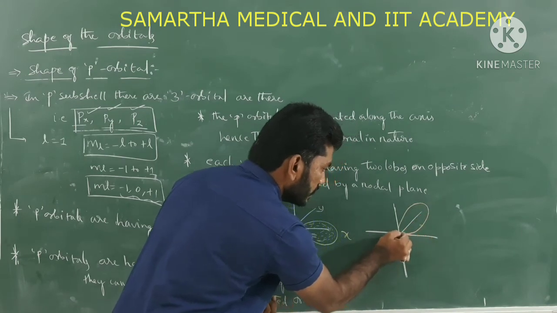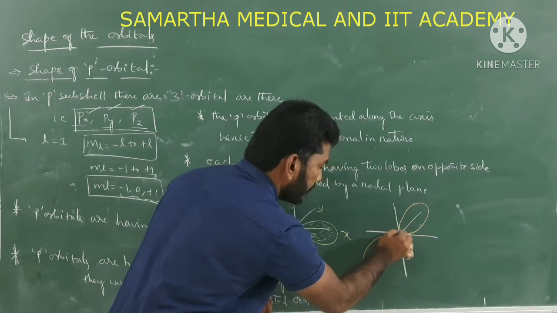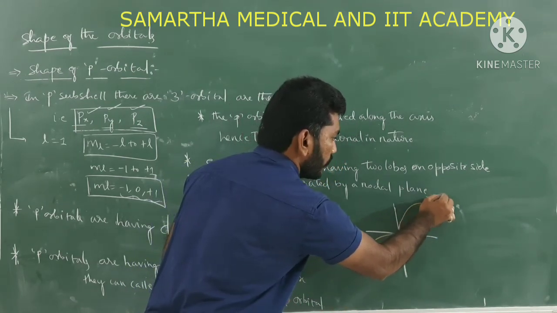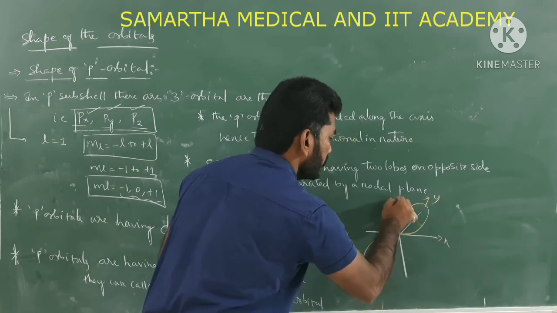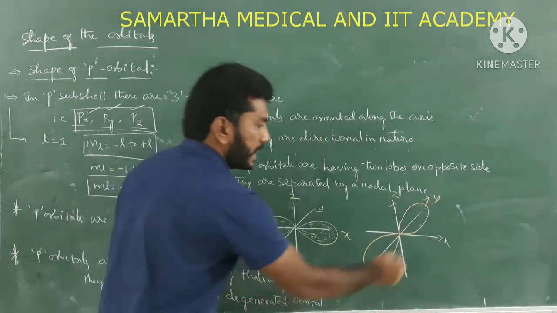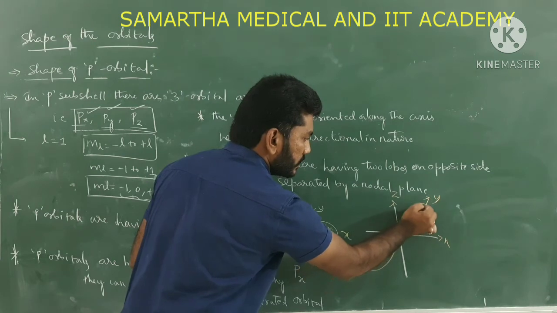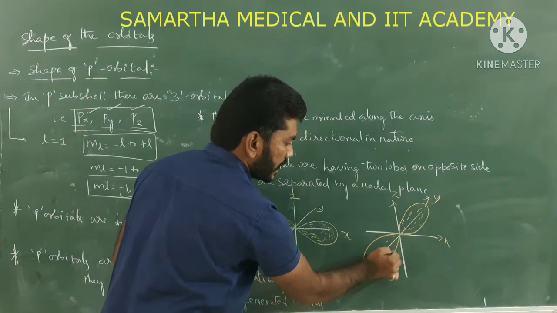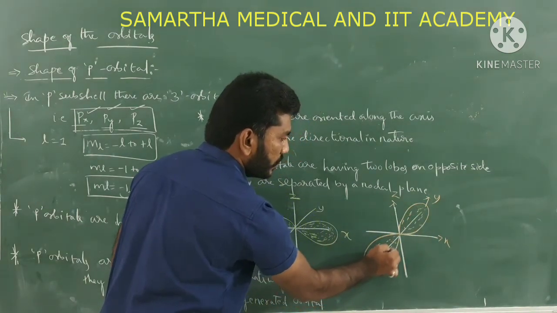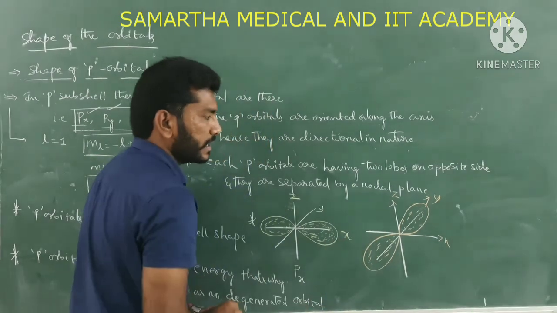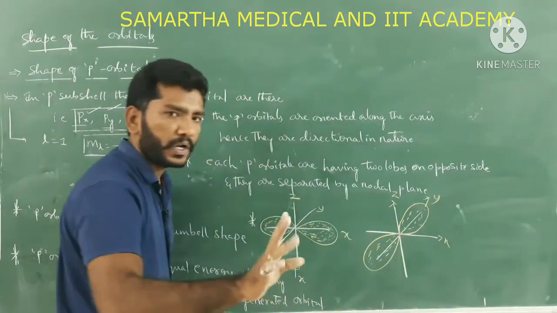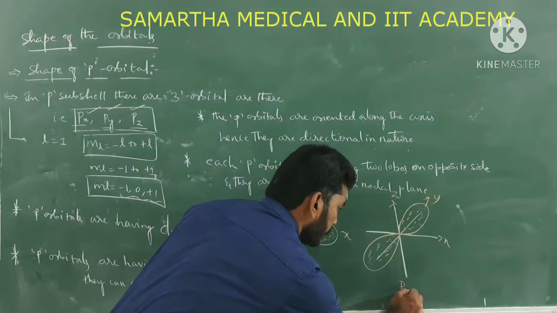Let us take the py orbital, guys, with x and z. In the case of the py orbital, the probability of finding the electron is going to be oriented only along the y-axis, and the rest of the axes, z and x, are going to be a nodal plane. That is py.